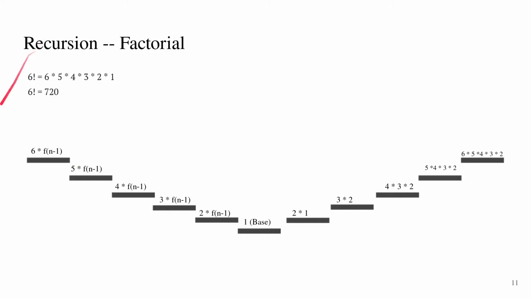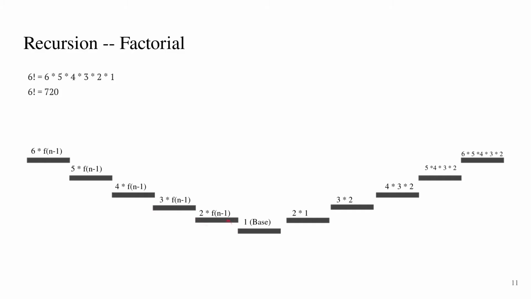So if we take our first method call, what we really need to do here is 6 times whatever n minus 1 is, so 5. So then we do 5 times the function of n minus 1. And we go down again into 4. And we go down again into 3. We cascade into 2, and finally get to our base case of 1.